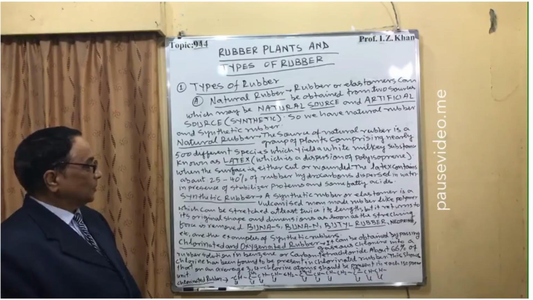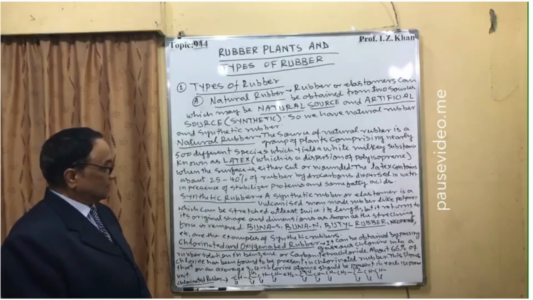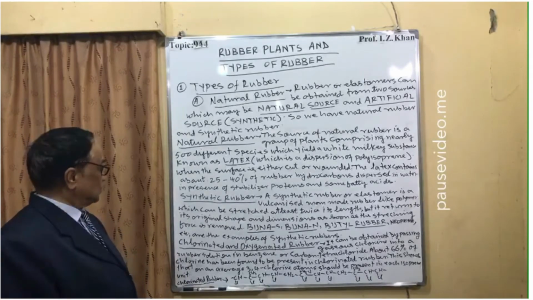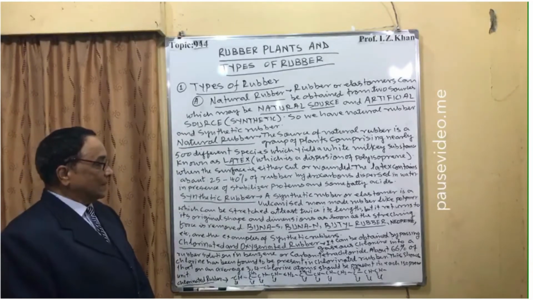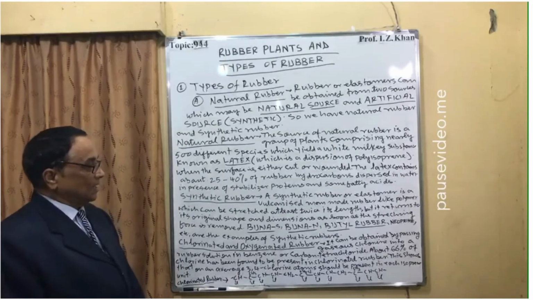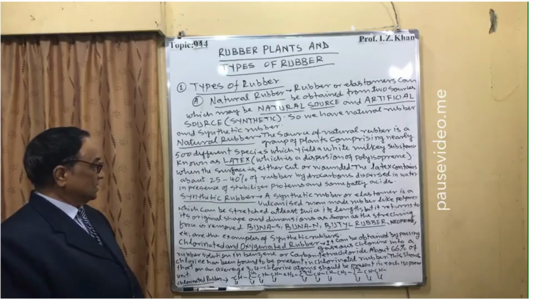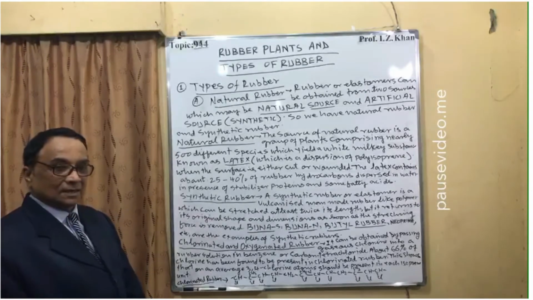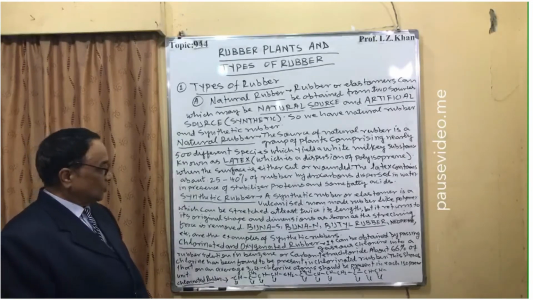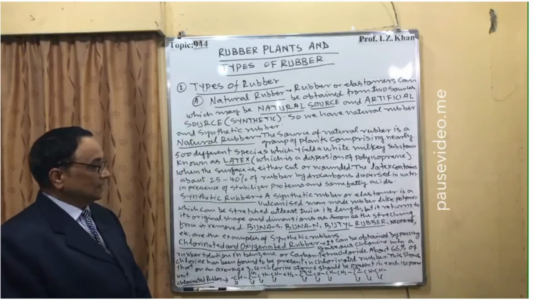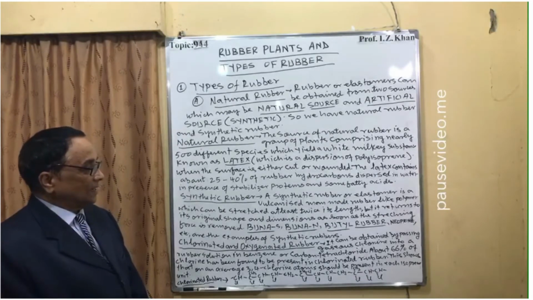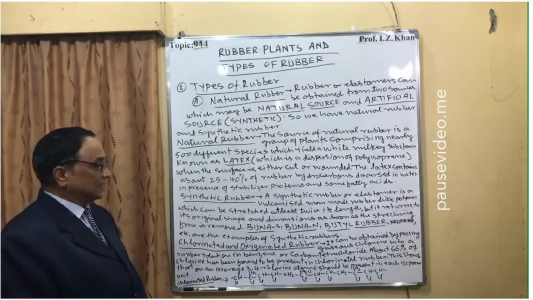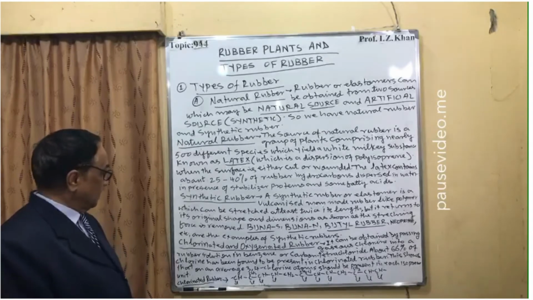So a rubber-like polymer which can be stretched to at least twice its length, but returns to its original shape and dimensions as the stretching force is removed. These synthetic rubbers are Buna S, Buna N, butyl rubber, then neoprene, etc., which are examples of synthetic rubber.